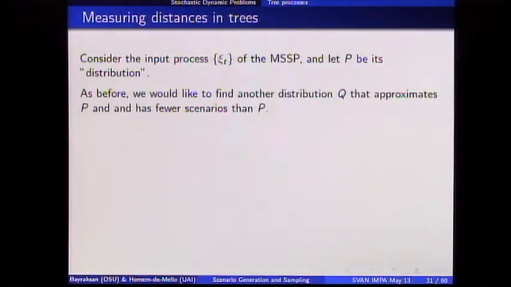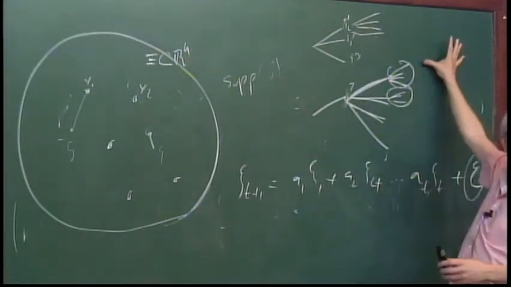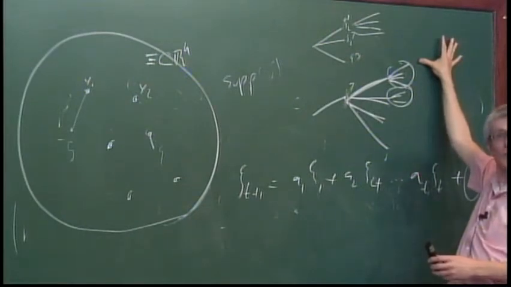As before, our goal is to find another distribution of this process that approximates P and has fewer scenarios, but now all in the multi-stage context. So we have to think of the distribution of the whole thing across time periods.